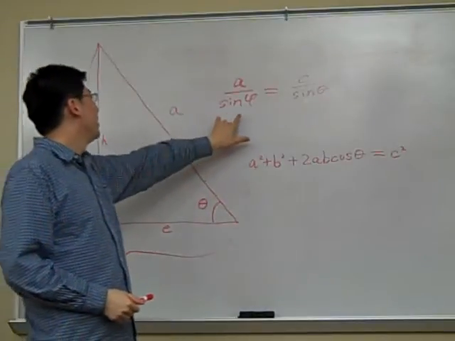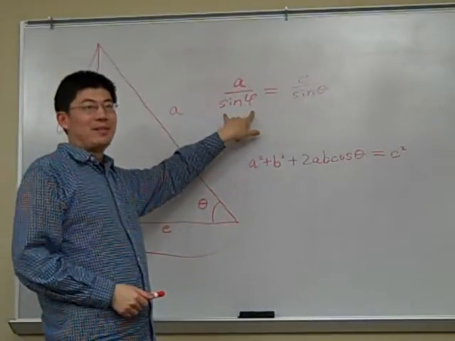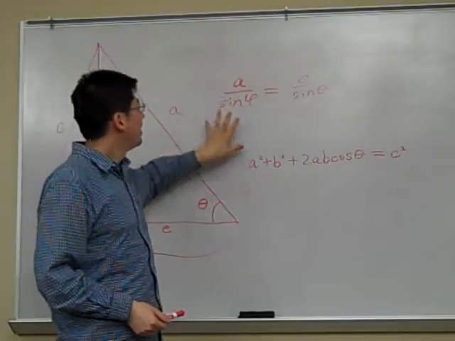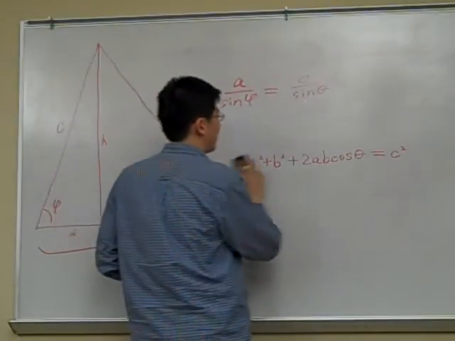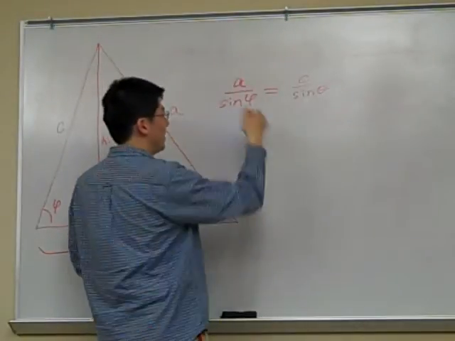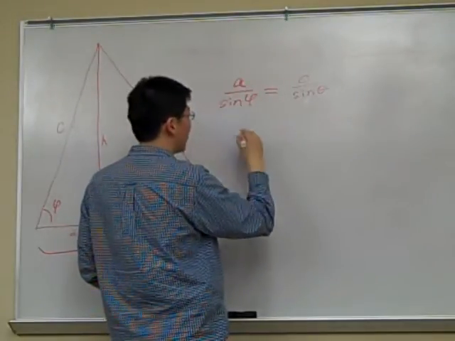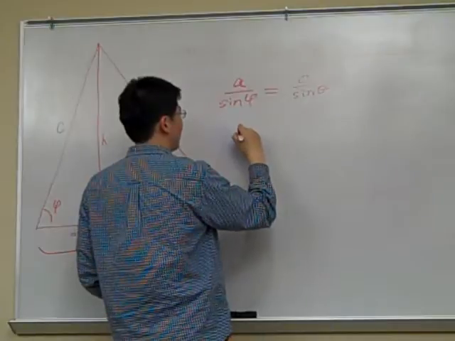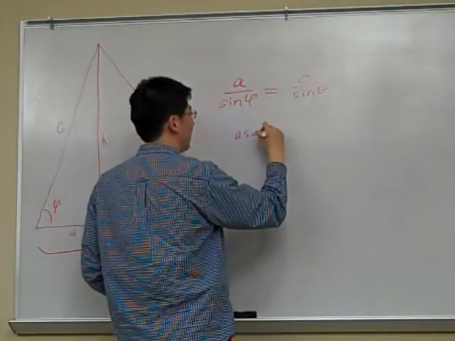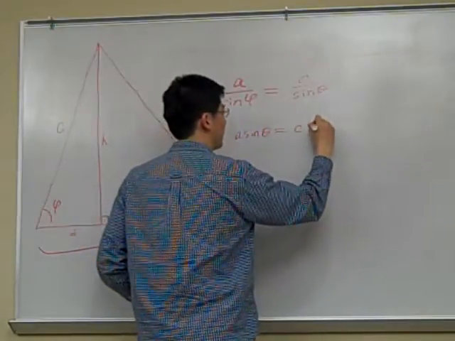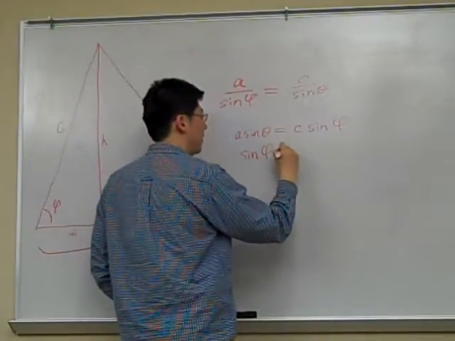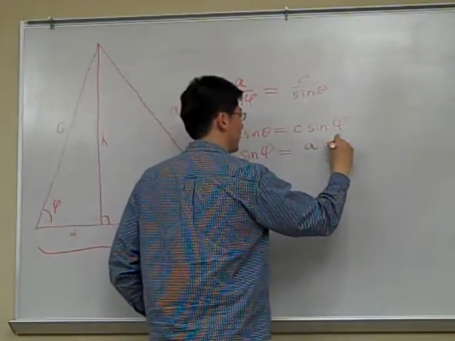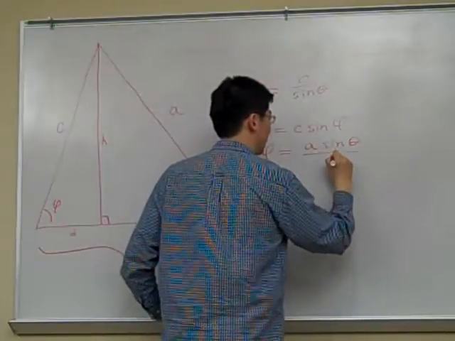I'll talk about how to solve trig expressions later, but for now it suffices to say that if you can get sine of phi on one side, we cross multiply and then divide. First cross multiplying, we get a sine theta equals c sine phi, and then this means that sine of phi is going to be a sine of theta divided by c.